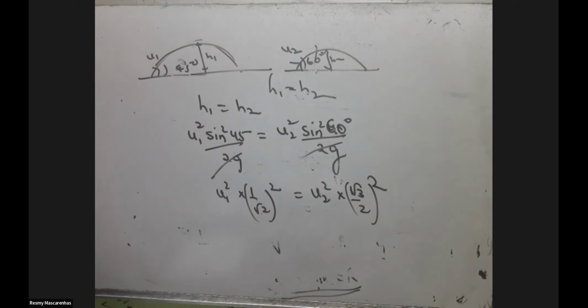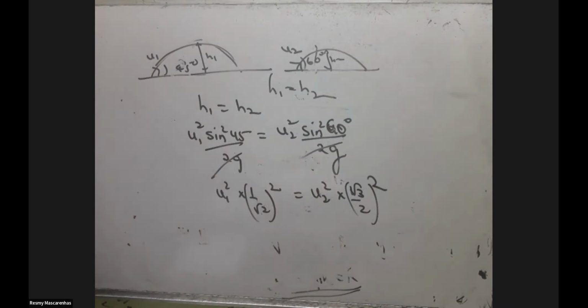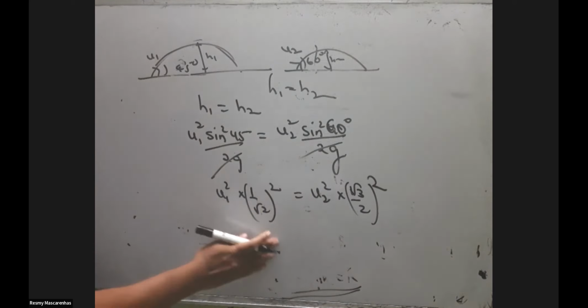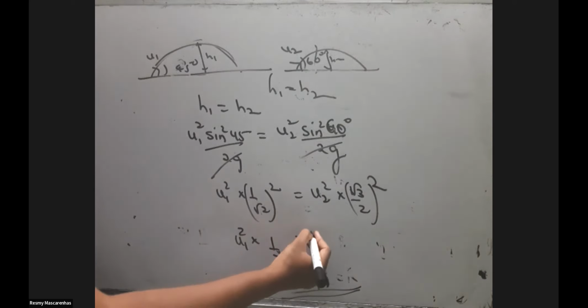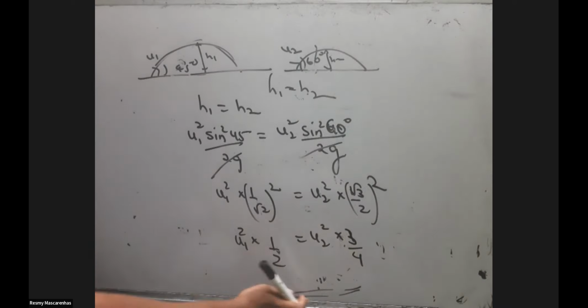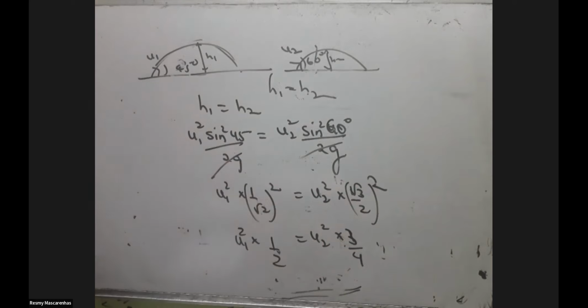We have to find the ratio of their velocities, means u1 upon u2. So we'll first calculate this. 1 by 2 we will get after squaring. 3 by 4 we will get. This also will get squared.